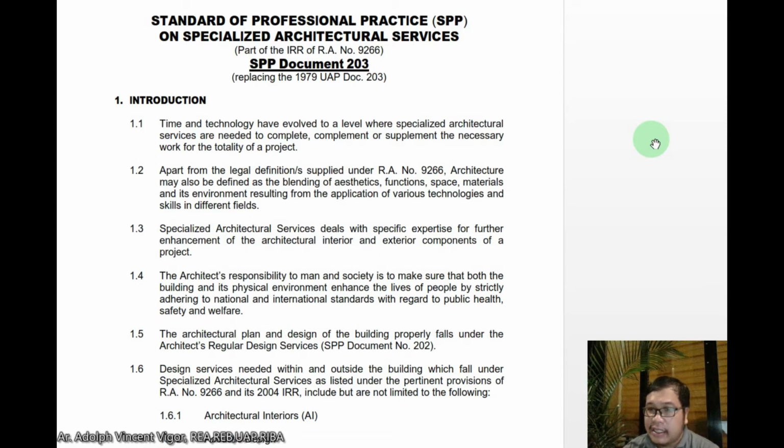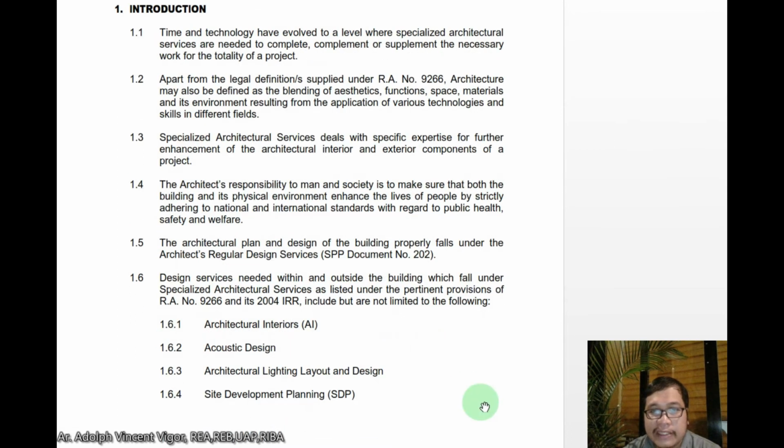Along with these specializations, there are different needs which arise in the context of the building or structure. The architect's responsibility to man and society is to make sure that both the building and its physical environment enhance the lives of the people by strictly adhering to national and international standards with regard to public health, safety, and welfare.